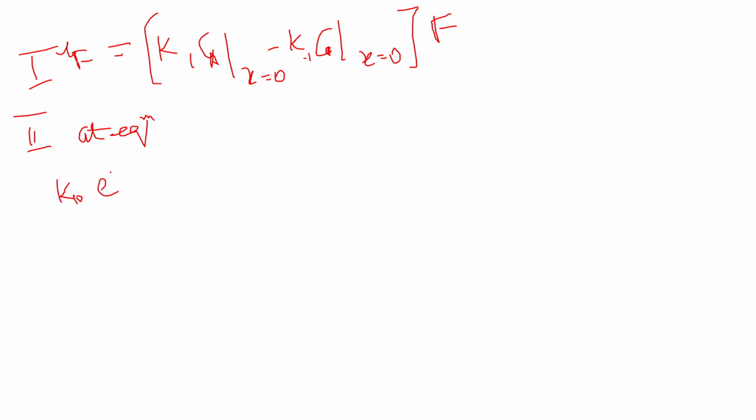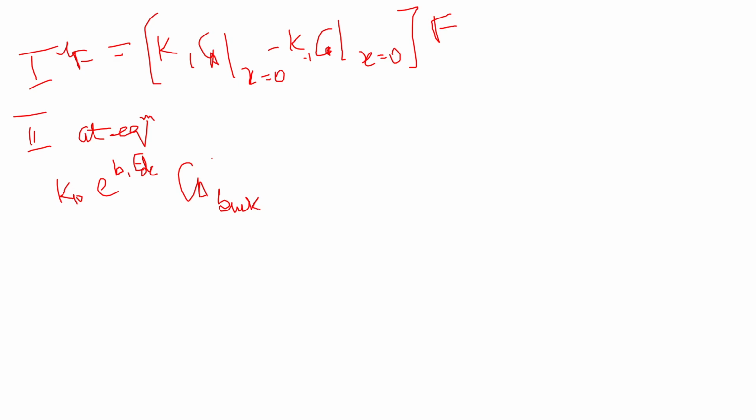So we said k1 will be nothing but k1 0, e to the power of b1 E DC. Basically, it is at equilibrium, so only DC potential is applied, and because no reaction is happening, you do not have any consumption of A at the surface.